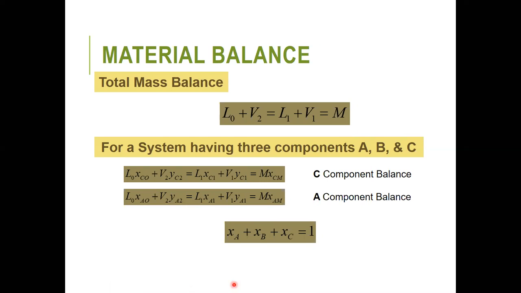Now, if we have a two-component system, XA plus XB should be equal to 1. Same thing with YA plus YB equal to 1. The example written here is a three-component system consisting of A, B, and C.